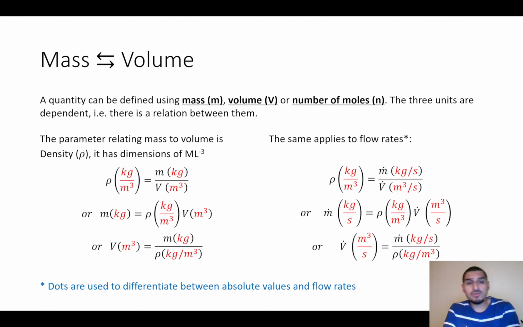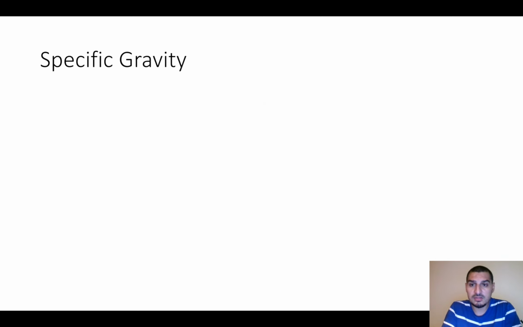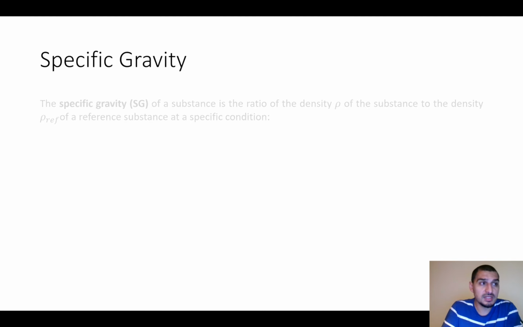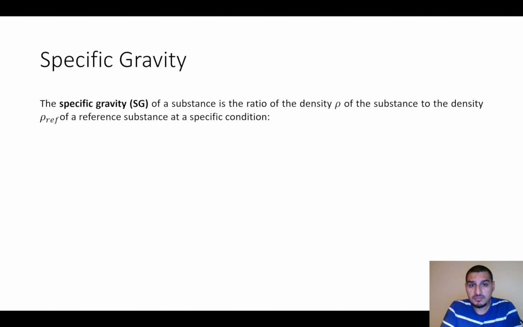There is one more thing we need to discuss here, which is a new parameter. You might be familiar with this, but in case you haven't heard about it before, it's called specific gravity. Specific gravity is the ratio of the density of any substance to the density of a reference substance.